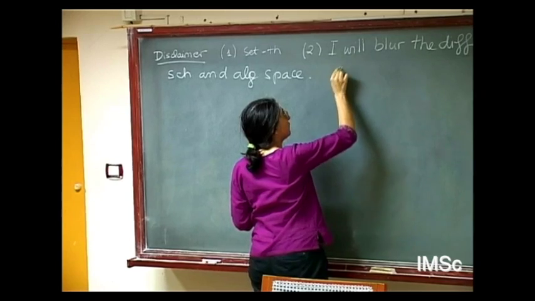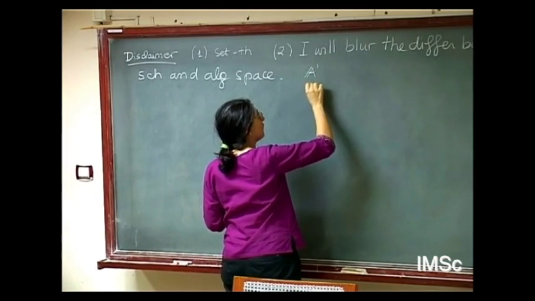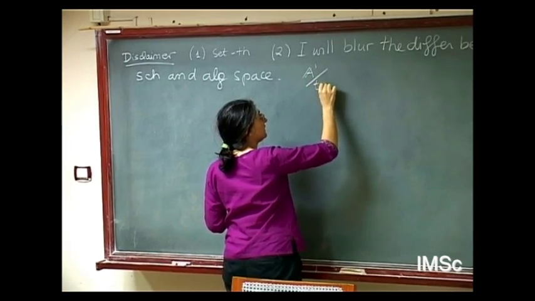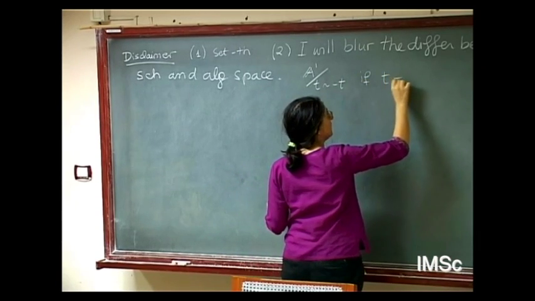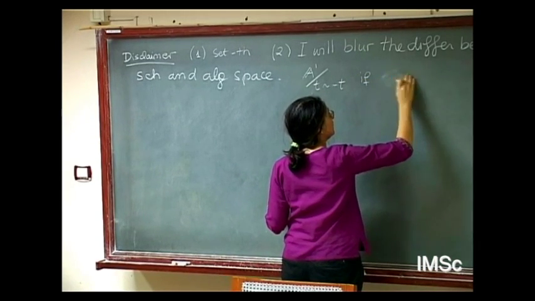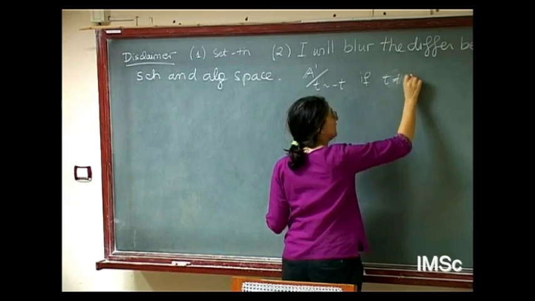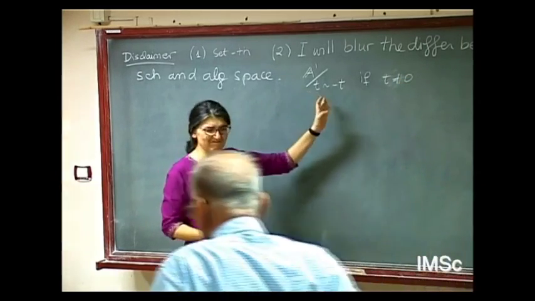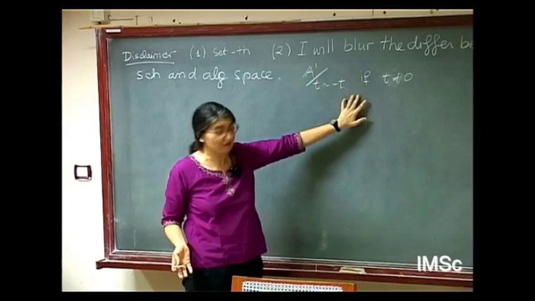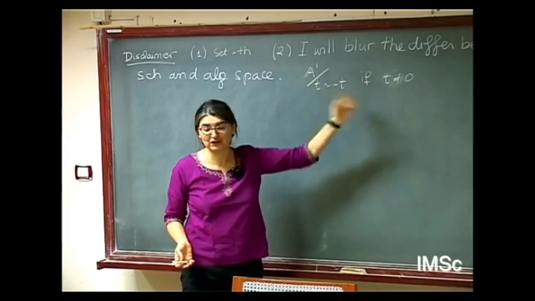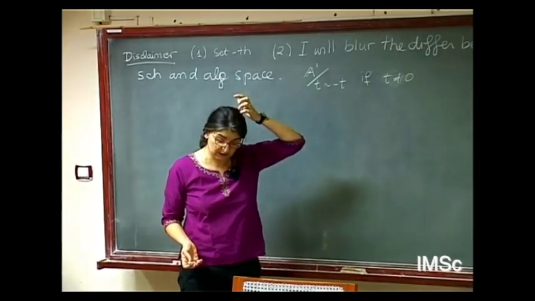So the typical, in fact the only example of algebraic space I know is the following. You take A1 and you quotient it by the relation that t is equivalent to minus t if t is not 0. Now you may say this is a stupid equivalence relation because of course if t equals 0 this is the obvious.